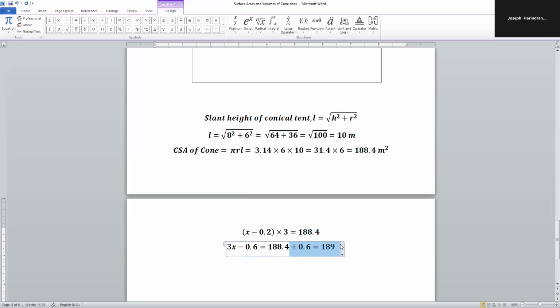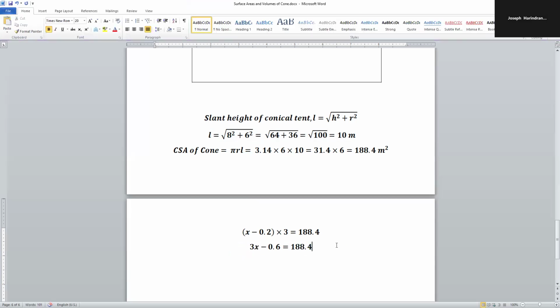So after this, the next part is 3x is equal to 188.4 plus 0.6. We are adding this, so this should be the next step. So equal to 189.